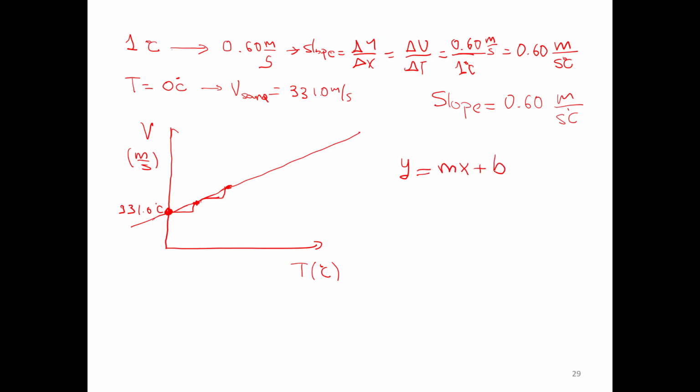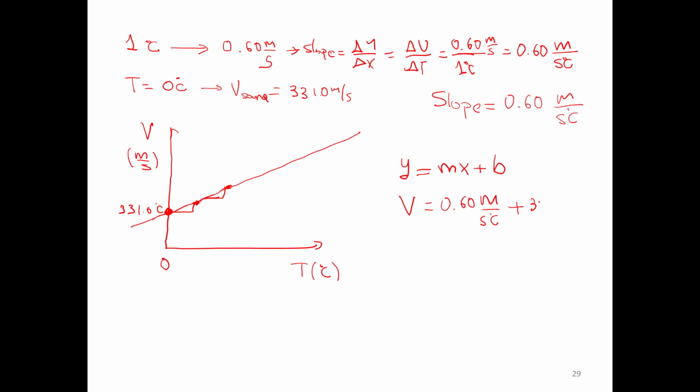Now, let's write this one using our variables. Y is the velocity of the sound. The slope is 0.60 meters. The y-intercept is the velocity of the sound at 0 degrees Celsius, which is 331.